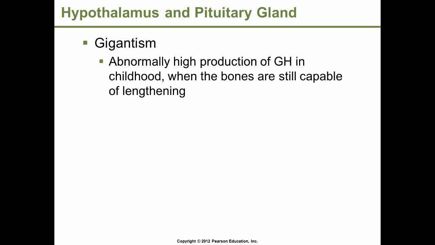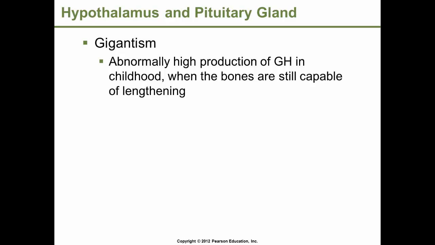Giantism occurs with abnormally high production of growth hormone in childhood, when the bones are still capable of lengthening. Recall from Chapter 6, the epiphyseal plate or the growth plate that allows adolescents to grow, but this will eventually fuse into solid bone.